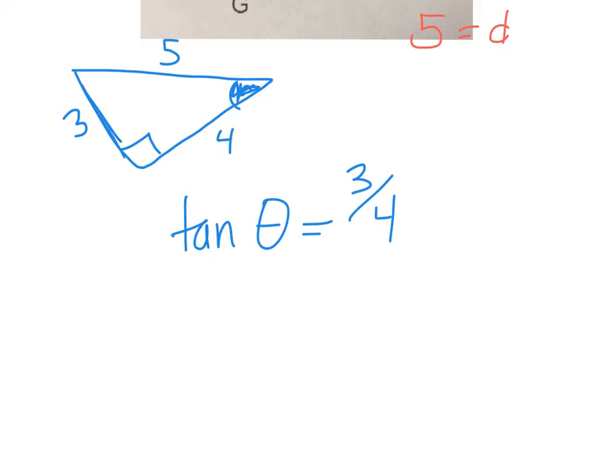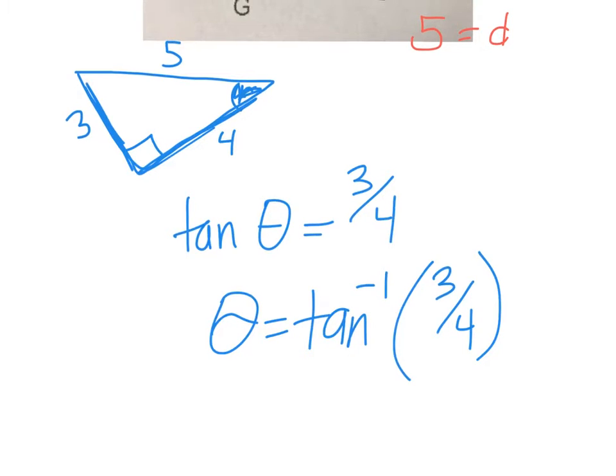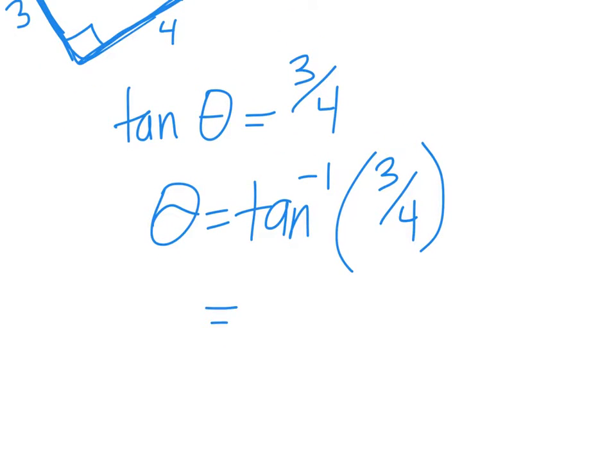So tangent is the opposite side length compared to the adjacent side. And we always find an angle in trig by taking the inverse. So if I do inverse tan of 3 divided by 4, I find that that's an angle of 36.9 degrees.